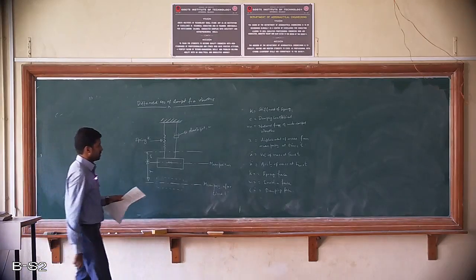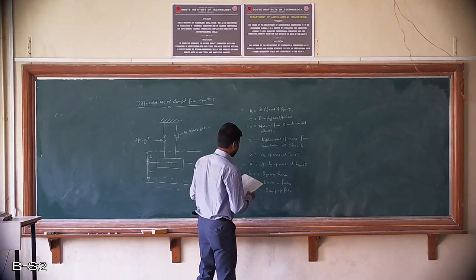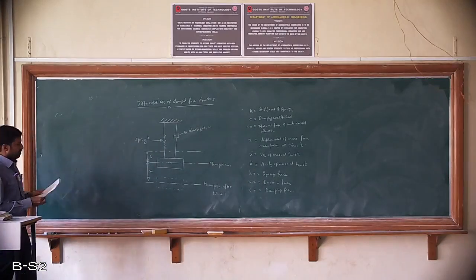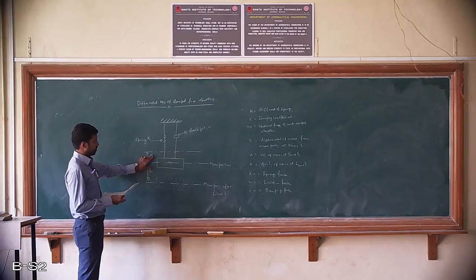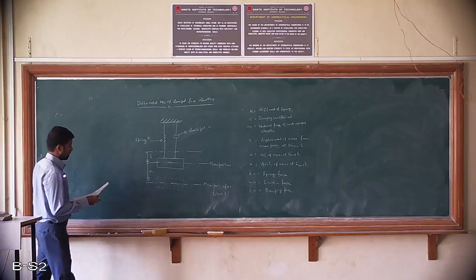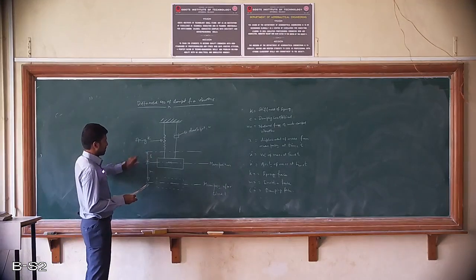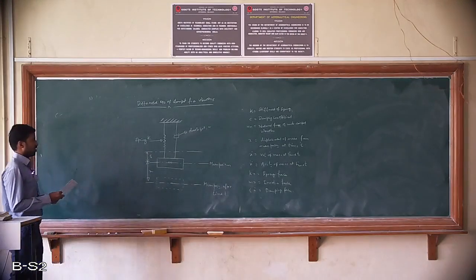And next, M is the mass which is suspended from the spring. W is the weight of the body, which is given by M into g, and delta is shown here. That delta is nothing but the static deflection of the spring.